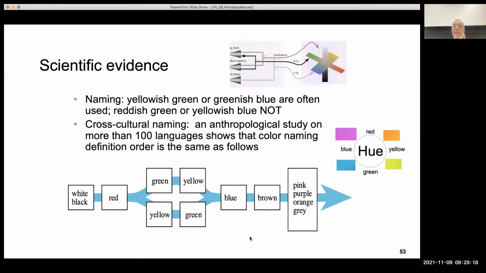And after that, all the other colors: brown, pink, purple, orange, gray. So this idea is clear. And this is also why, using red, green, and blue, you can simulate most of the colors that are visible.